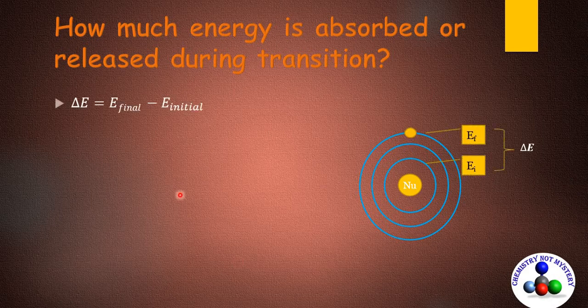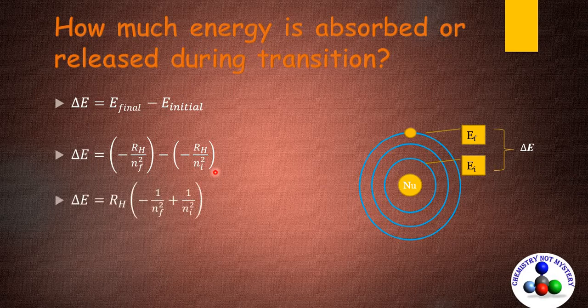So delta E is equal to energy of final orbit minus energy of initial orbit. So delta E is equal to minus RH upon n final square minus (minus RH upon n initial square). Now take out the RH common.